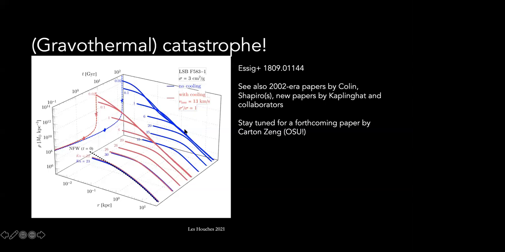One of the hard things is the self-interaction cross section. Core collapse is when you start with a low density core, which is represented here by these lower lines. This is the density on this axis as a function of distance from the halo, and then the time axis goes that way.